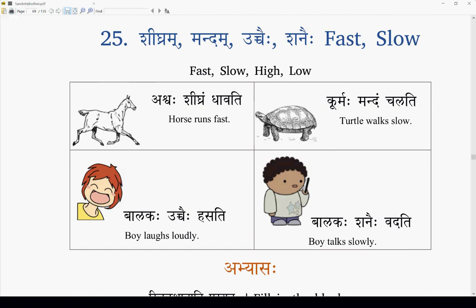Sometimes they are avyayam, but they are in ekavachanam always. One thing is they are in ekavachanam. That is number one. Because when we describe a kriya padam, we are describing the action performed.